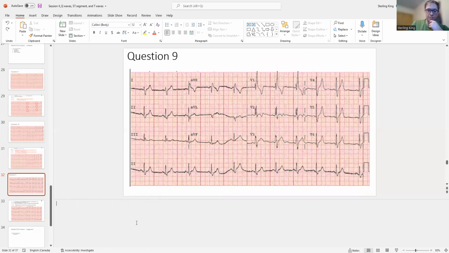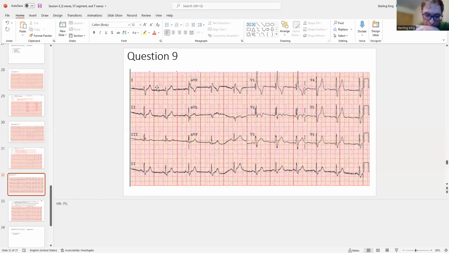Question 9. This one probably has extra additional findings. So let's do it. Heart rate: 300, 150, 175. Axis looks normal. Maybe not.